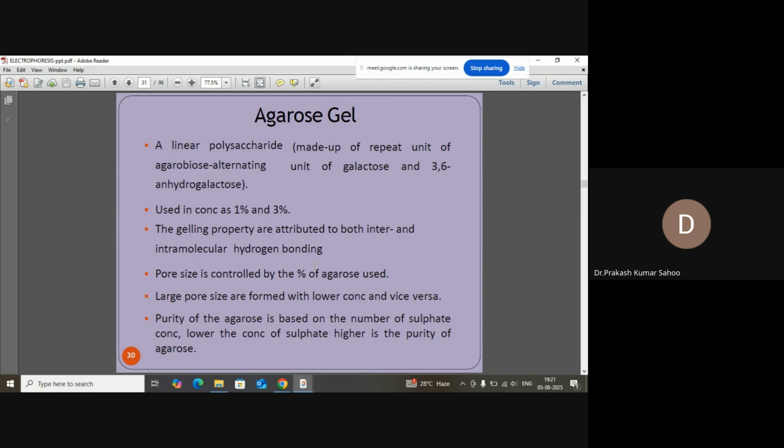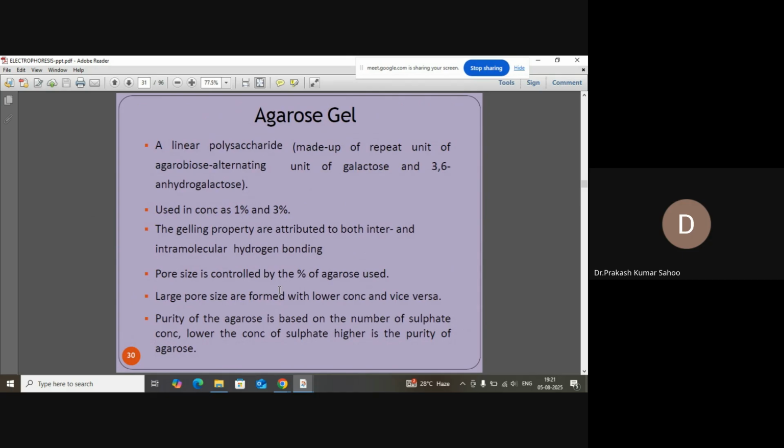This is a linear polysaccharide, and this is the repeating unit of agarose, alternating units of galactose. It is used in concentrations of 1% to 2%. The gelling property is attributed to both inter and intramolecular hydrogen bonding.